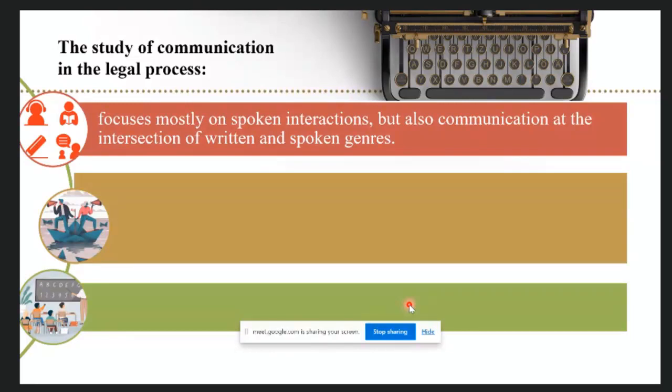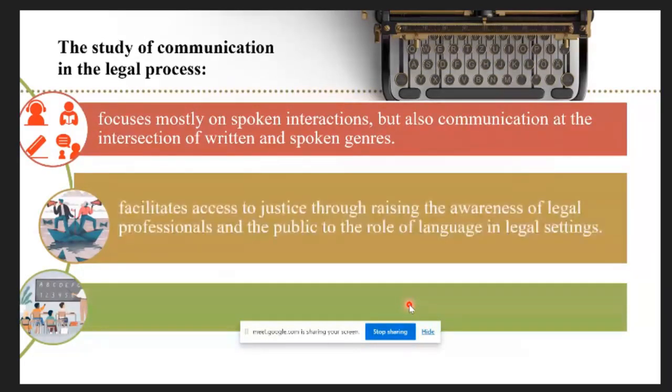So the study of communication will have to make both the professionals and the general public become more mindful of the legal procedures, because it is obvious that the professionals or people working in the law department have to be exposed to the procedures. How about the public?